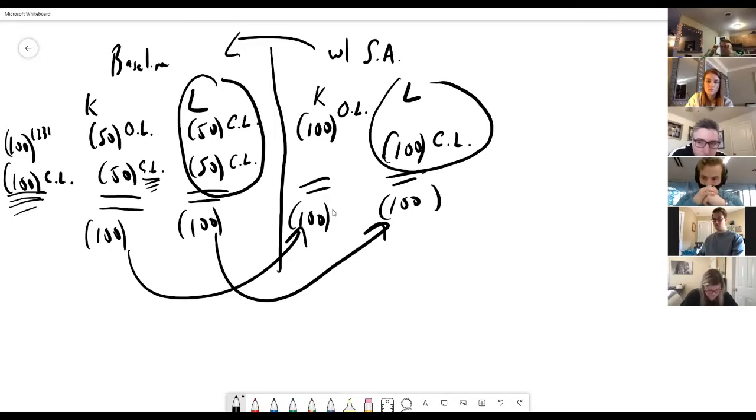But what if there's some uncertainty? What if it's possible that there's only, let's say, 80 of other loss? Say there's 100 of 1231 loss and there's only 80 of other loss. What do things look like then?